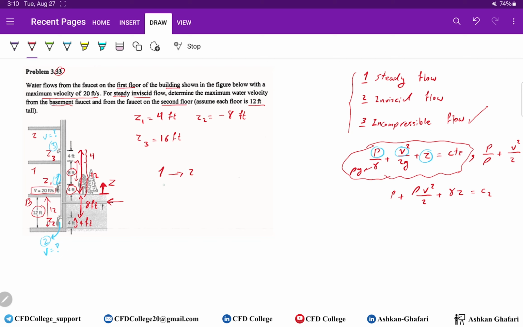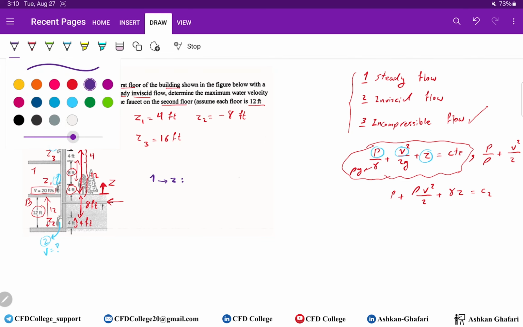Between point 1 and point 2, we should write the Bernoulli equation. Okay, let me change the color. Between point 1 and point 2, we should write down the Bernoulli equation.